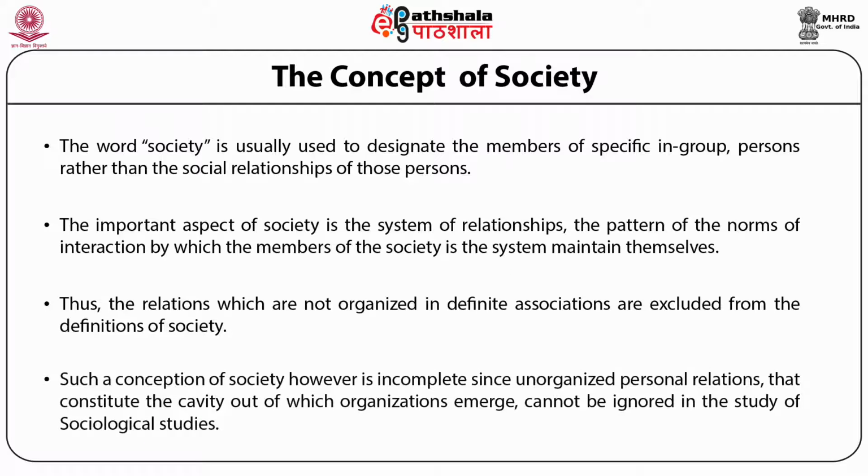Such a conception of society, however, is incomplete, since the unorganized personal relations from which these organizations emerge cannot be ignored, and we have to study these in our sociological domain.